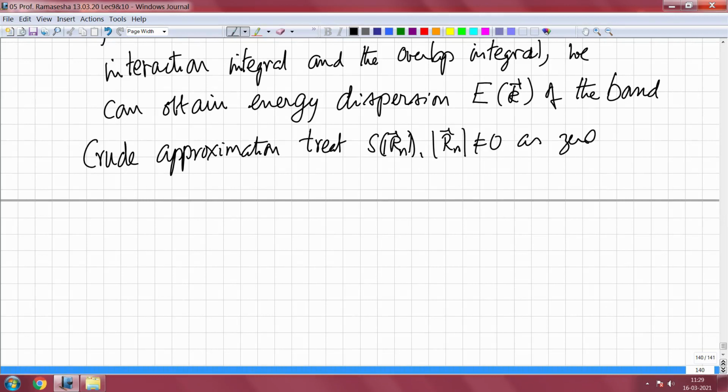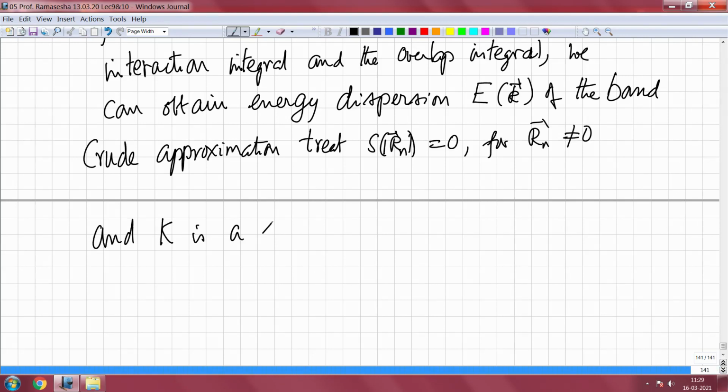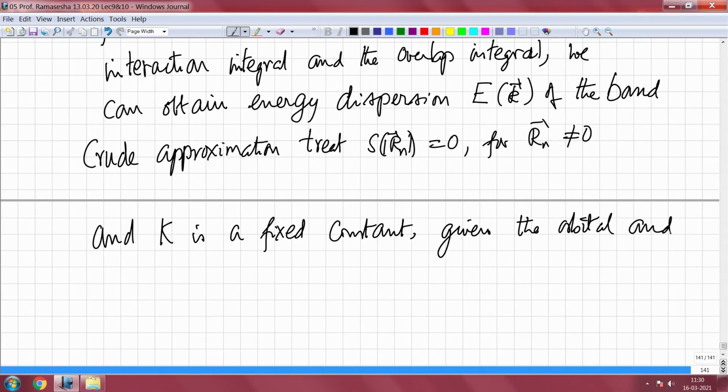So S of R n equals 0 for R n not equal to 0, and k is a fixed constant given the orbital and the atomic potentials. E naught is also a constant.